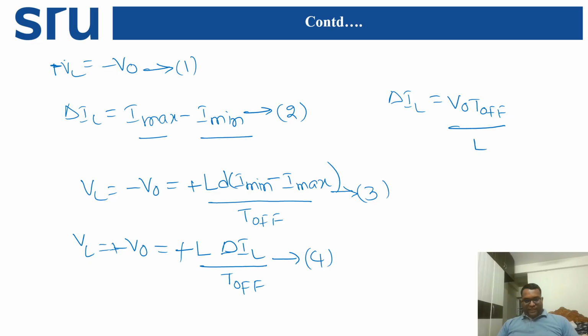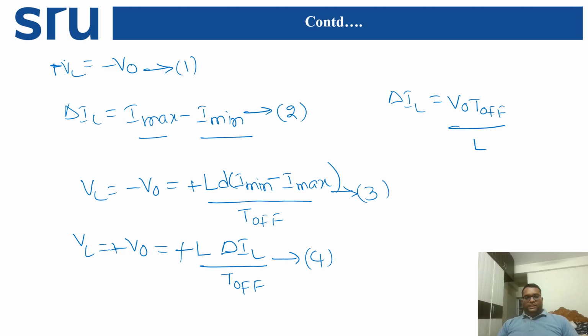We have to write it over here: delta IL into L, that is V naught into T off, divided by L. That is the formula we have to write in this condition, and from that we are going to derive the output value and the input value, everything we will see.